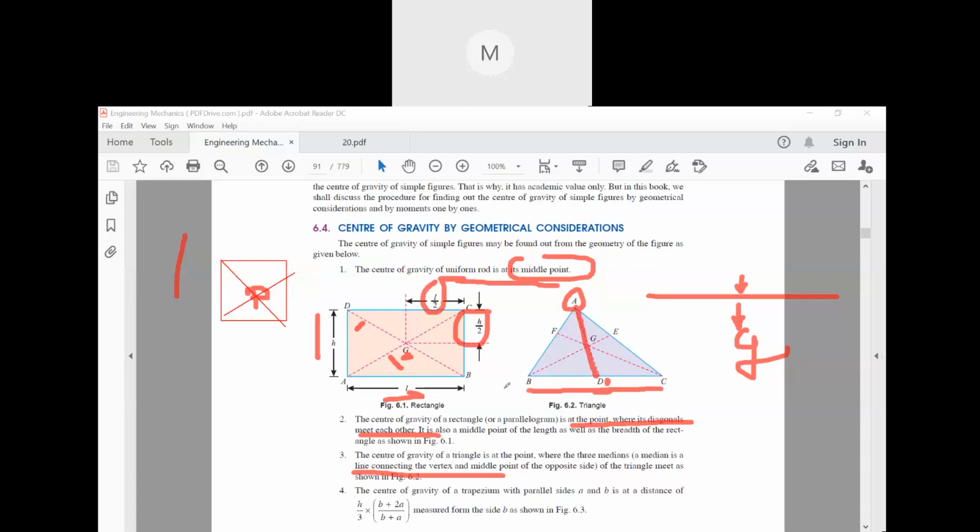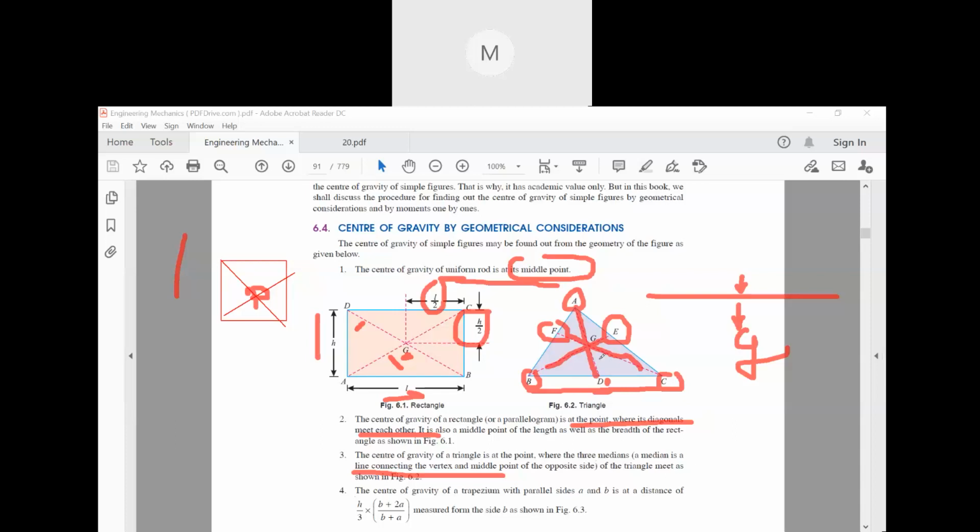Similarly from the other two vertices, B is a vertex and C is a vertex, right? So if we draw a line from vertex B, it goes on to AC, where the midpoint is E. Similarly on the other side, this is F. So each is a line from a vertex to the middle point on the opposite side of the triangle.